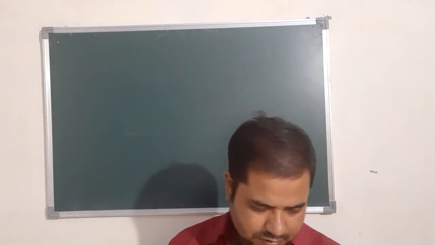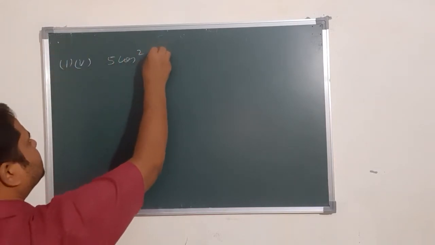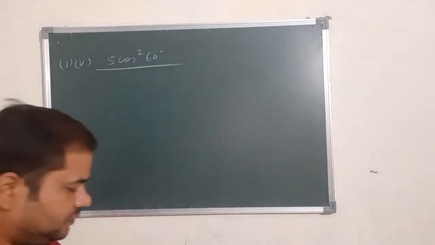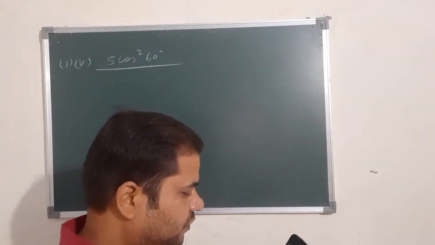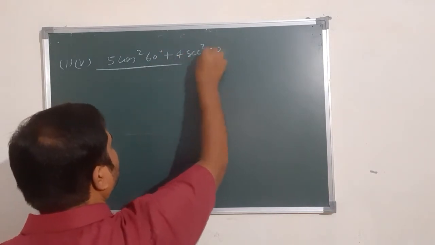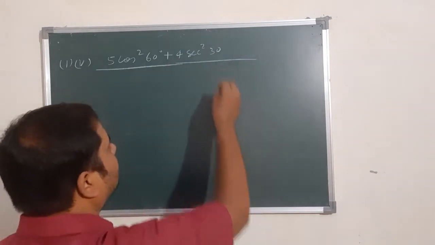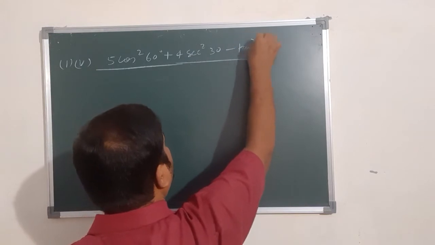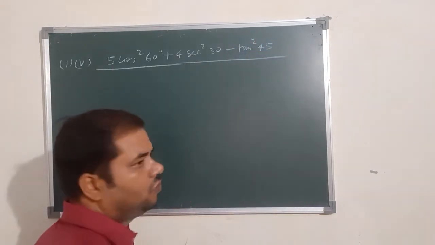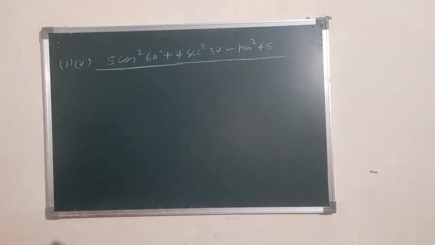This is 5 cos square 60 plus 4 sec square 30 minus tan square 45 and the whole divided by sin square 30 plus cos square 30.